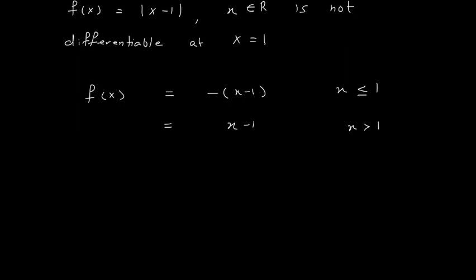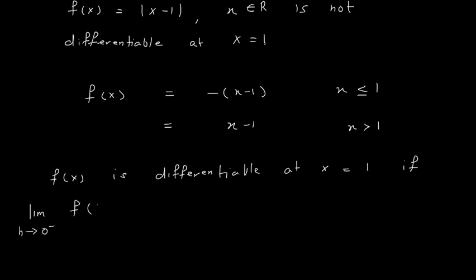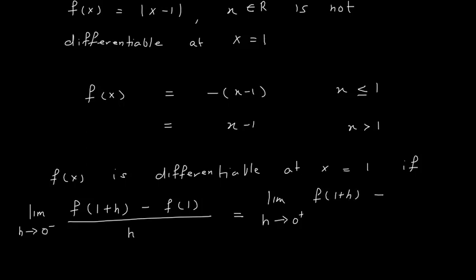So I will say that f(x) is differentiable at x = 1 if limit h tends to 0 minus of [f(1 + h) - f(1)] / h is equal to limit h tends to 0 plus of [f(1 + h) - f(1)] / h.